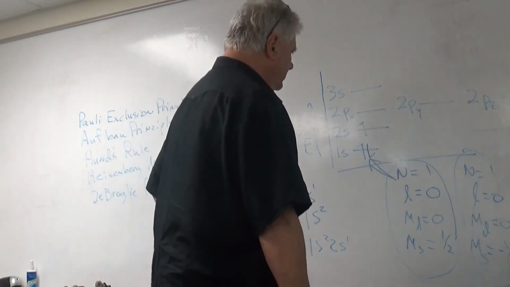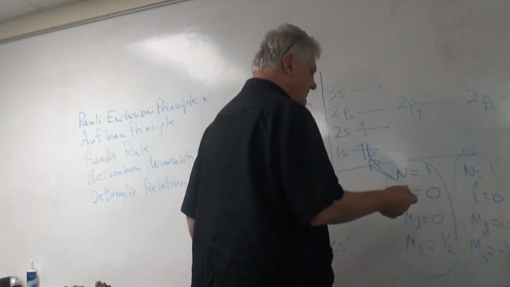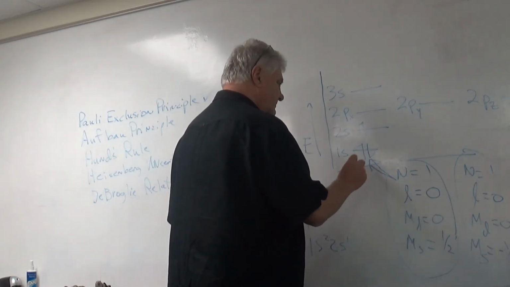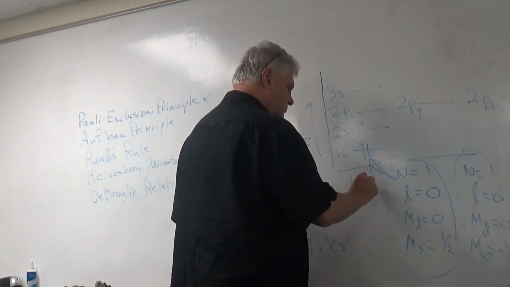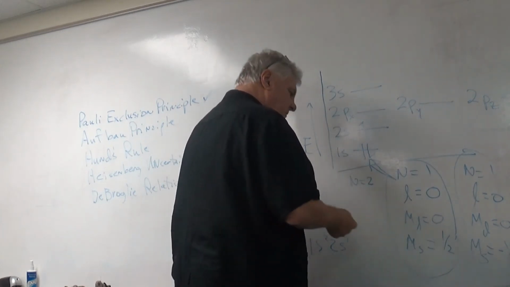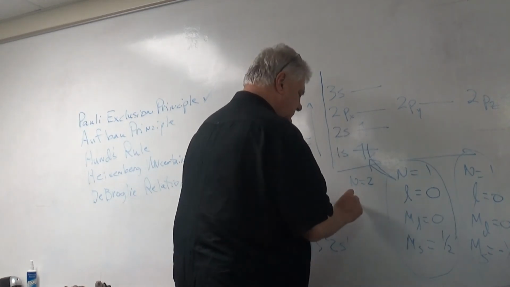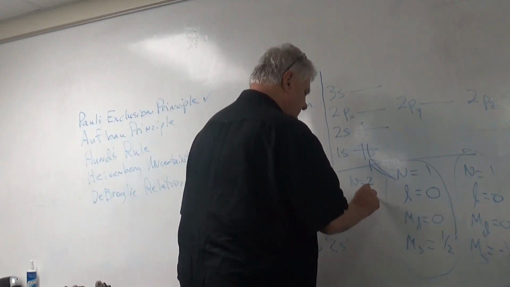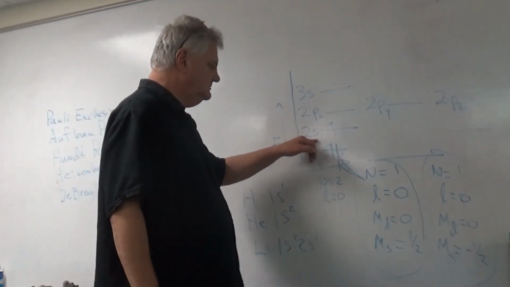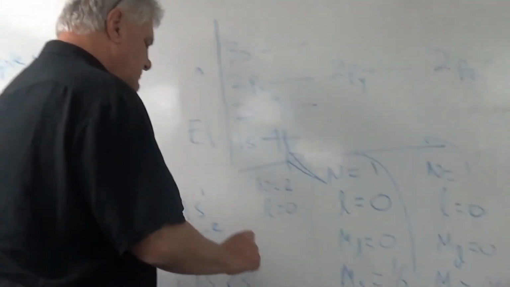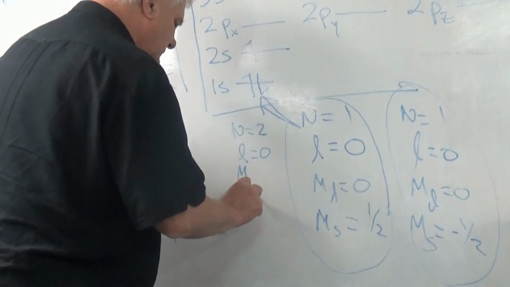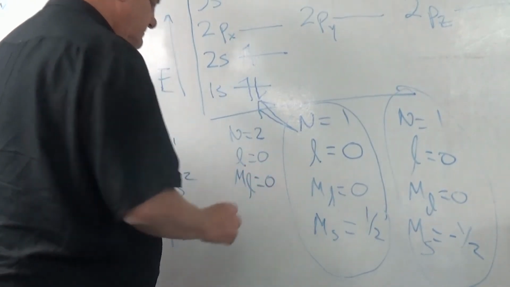Of course. The third one, and I'm going to stop doing this, but this electron here, now n is equal to 2, and one of the possible values for L is 0. In fact, for all s orbitals, L is equal to 0. And so m sub L has to be 0.